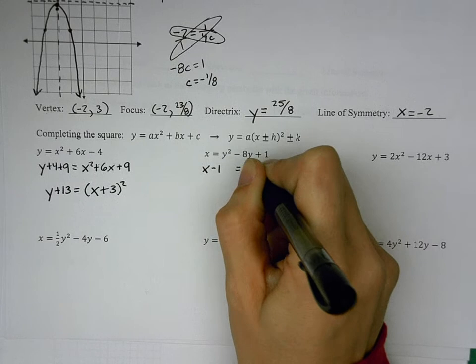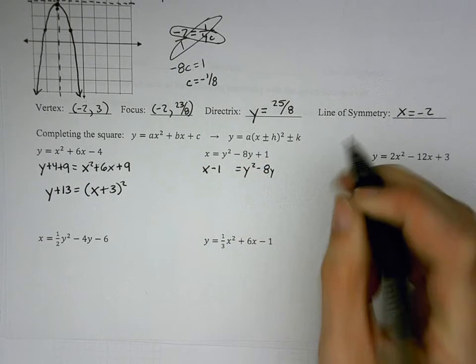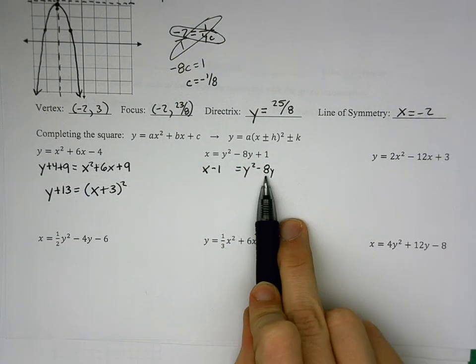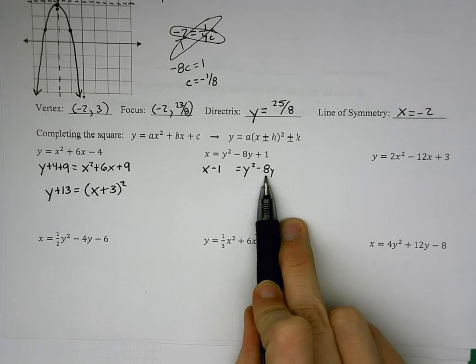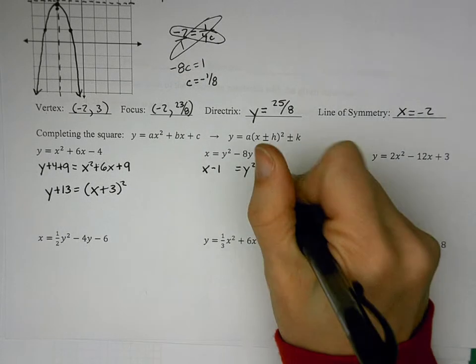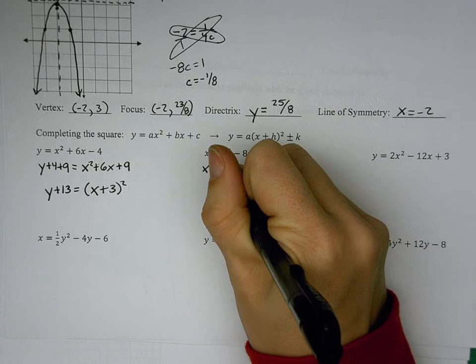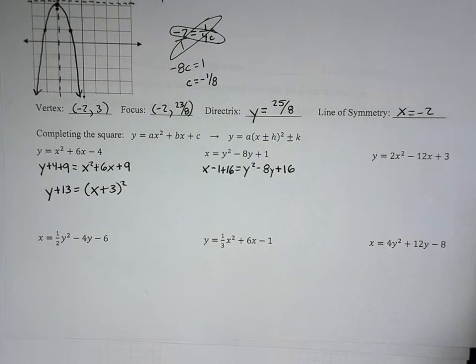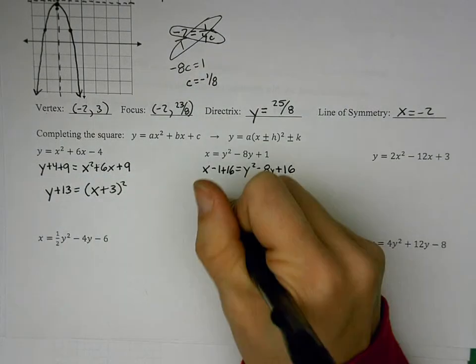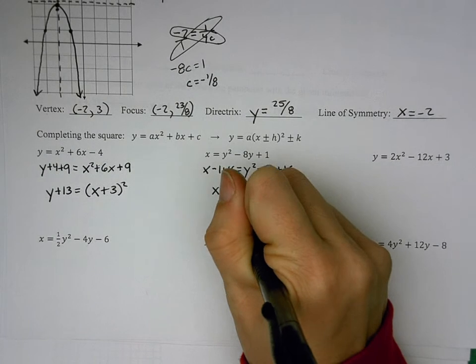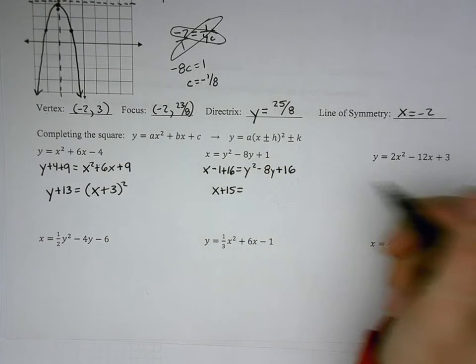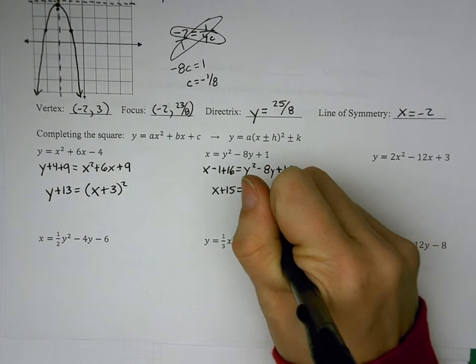You ask yourself, well, what's half of -8? -4. Squared, positive 16. But since I've added 16 to one side, I have to add it to the other as well. And so now we get x plus 15 equals, and this factors to y minus 4 quantity squared.